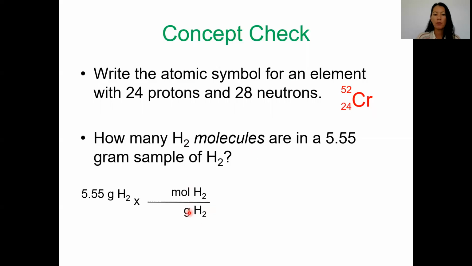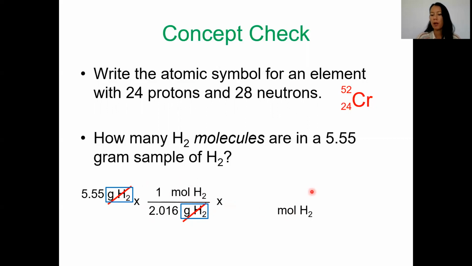Grams to moles, I put grams in the denominator to cancel, moles in the top, and then I'll put my numbers in. H2, one H is 1.008, so 2 of them is 2.016 grams, and it's always 1 mole for molar mass. So then these grams will cancel. And then I move on.